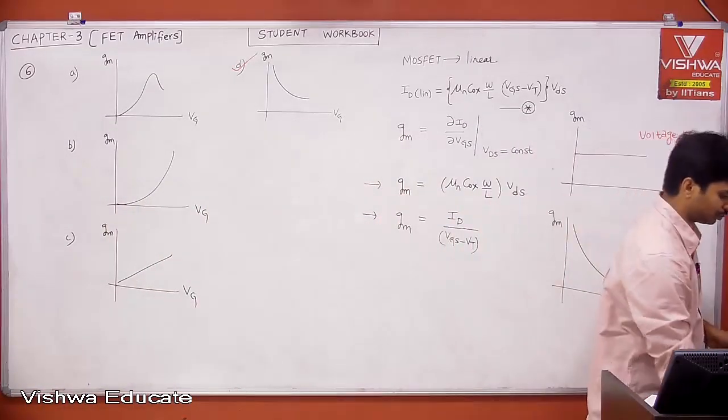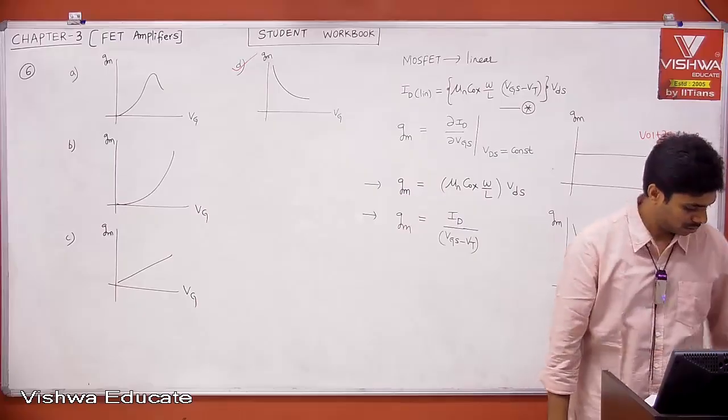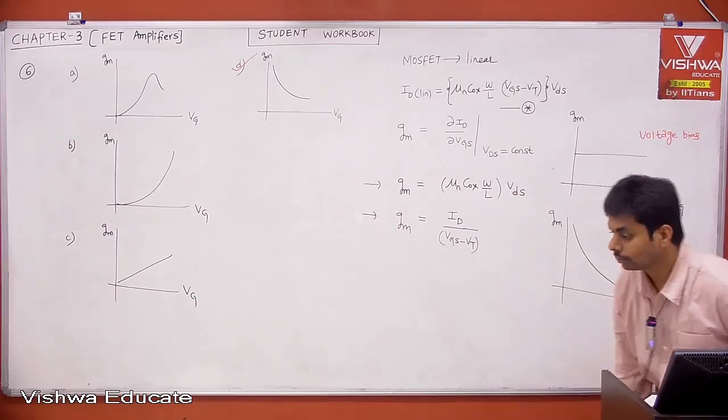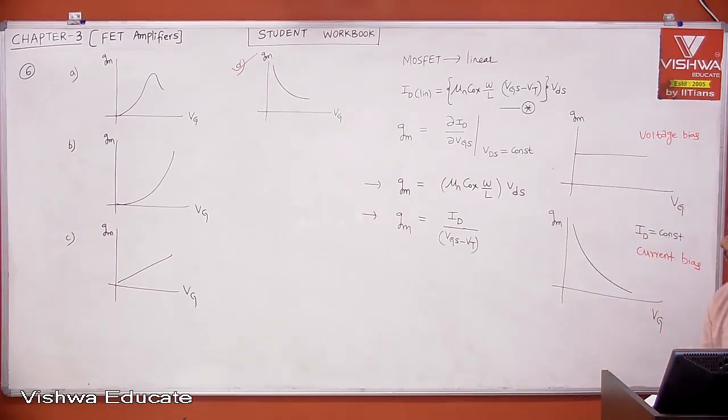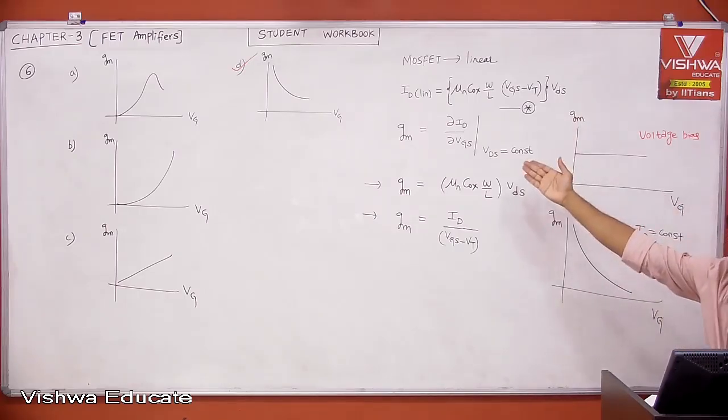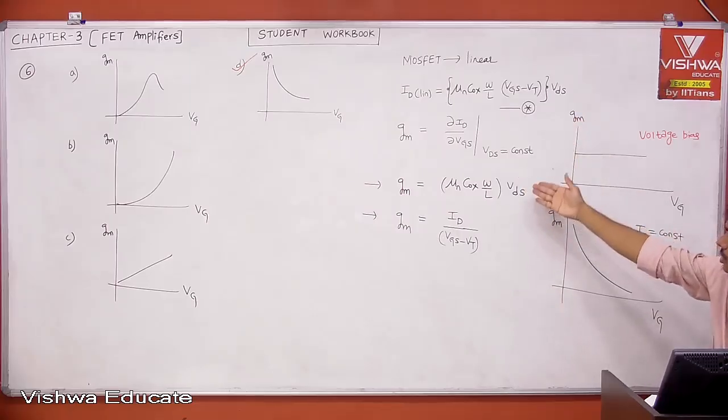I hope this is clear. See, every problem is explaining something. Every problem is giving you one point, so if you solve multiple problems, almost the theory will be covered. All these things are known to you: the current equation, the definition of GM, the differentiation.